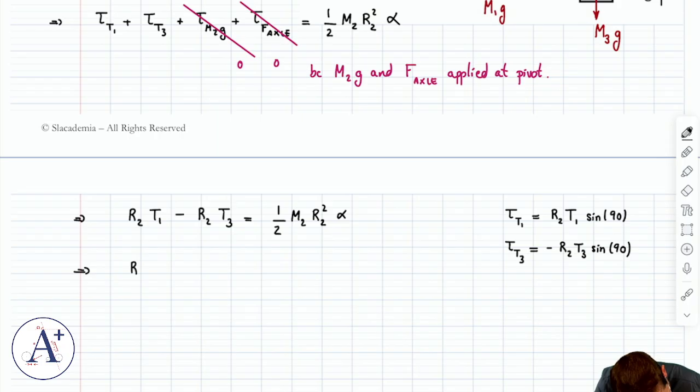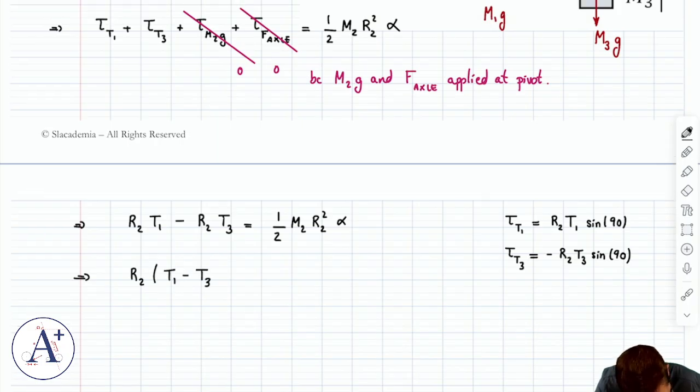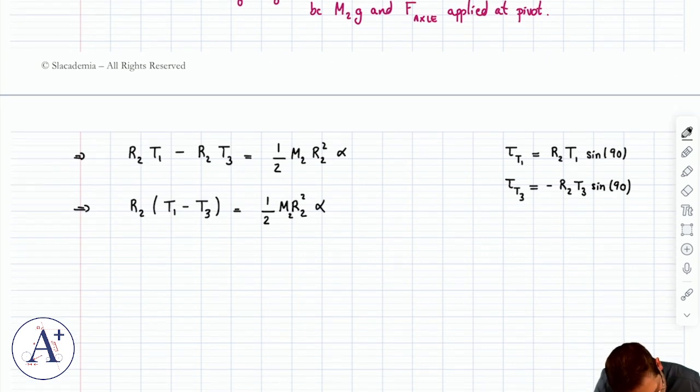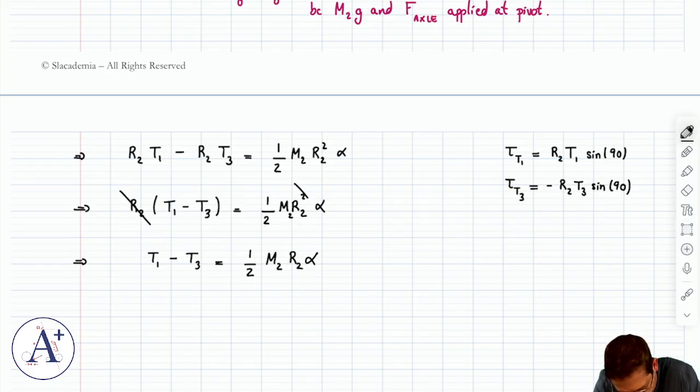So this is going to be R2 times (T1 minus T3) is equal to 1/2 M2, sorry, R2 squared alpha. And of course you can cancel R2 and the squared. You get T1 minus T3 is equal to 1/2 M2 R2 alpha. Okay.